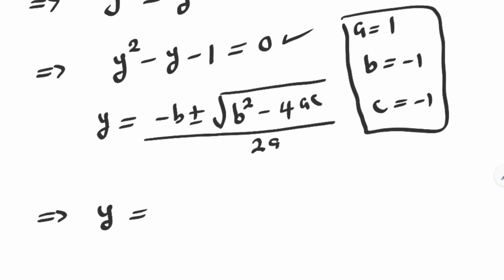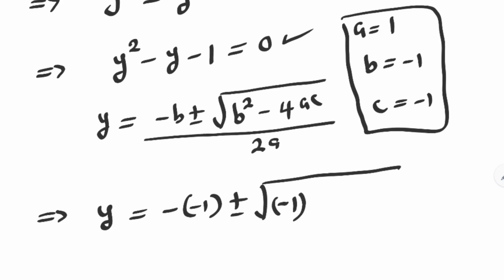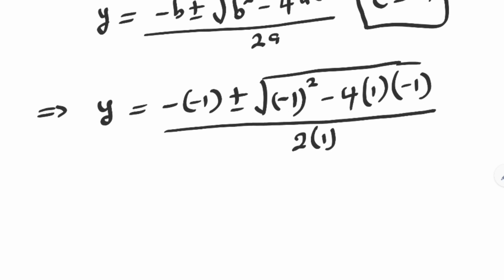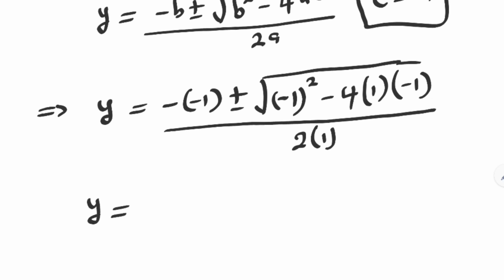Y is equal to minus bracket minus 1 plus or minus square root of minus 1 squared minus 4 multiplied by 1 multiplied by minus 1 divided by 2 multiplied by 1. Y is equal to minus times minus 1.